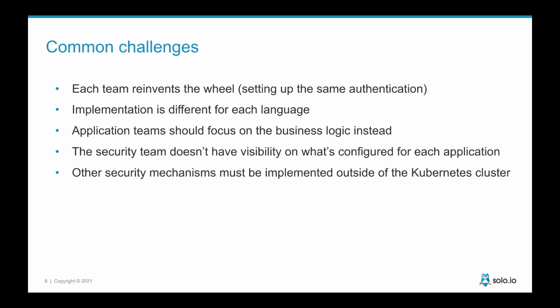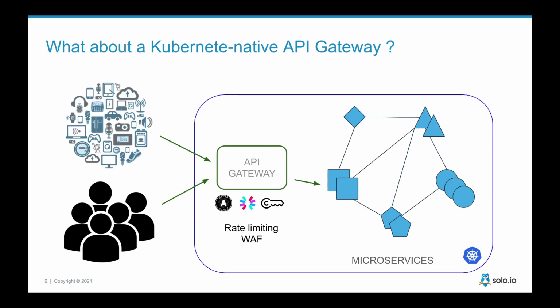And as I said, you still need some other security mechanisms, and you need to implement them outside of the Kubernetes cluster. So what about using a Kubernetes native API gateway instead of that? The idea here is that you would perform the authentication at the gateway level, and you would have different options like OAuth, JWT tokens, API keys, and so on.